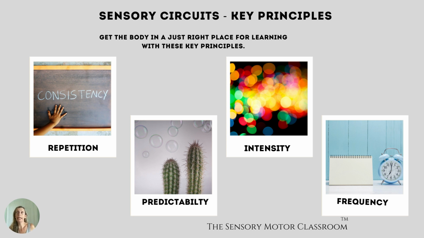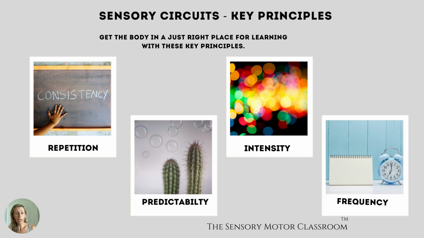Predictability is also key for developing those next level skills, those motor skills, and that neuroplasticity. We need the predictability of keeping things sustainable and the same for quite a few weeks and block of time. So predictability: keep the circuit the same over a period of time.